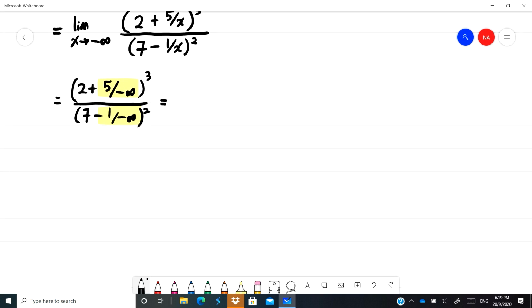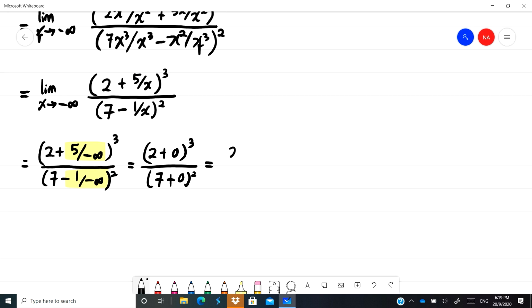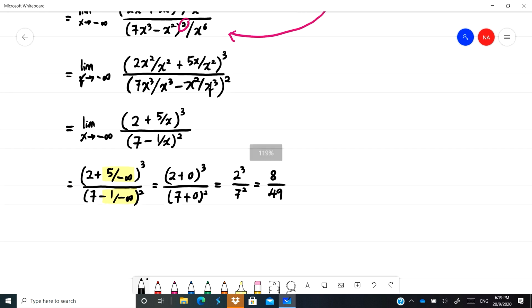So we'll have (2 + 0)^3 over (7 + 0)^2, which is actually 2^3 over 7^2. This can be simplified as 8 over 49. So this is your final answer for this one.